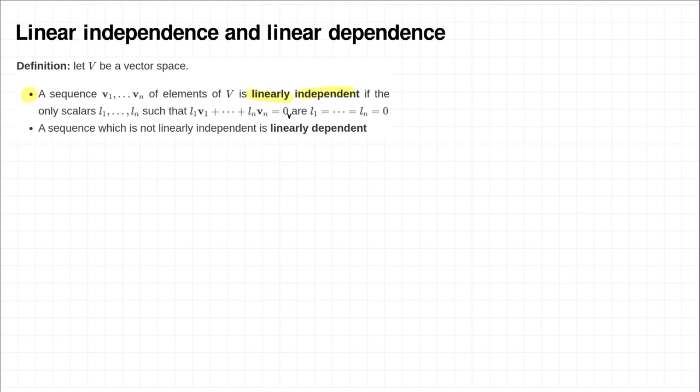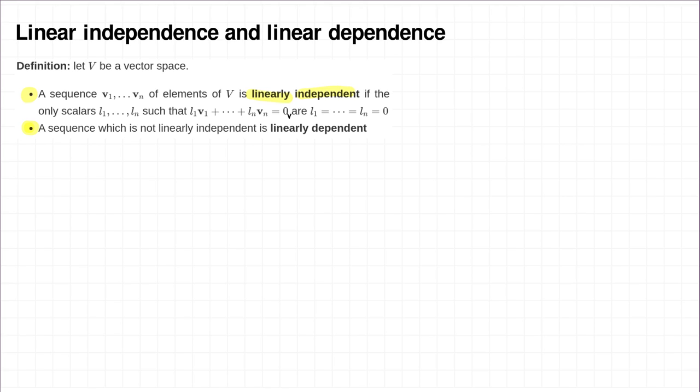So in other words, the only linear combination of V1 up to Vn which is equal to the 0 vector is the linear combination where all the scalars are taken to be 0. Next point is that a sequence which is not linearly independent is called linearly dependent. So linearly dependent just means the opposite of linearly independent.